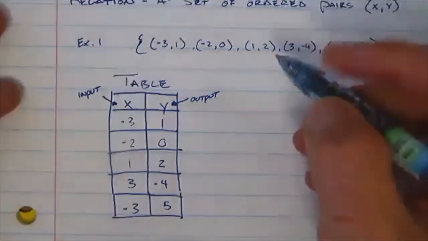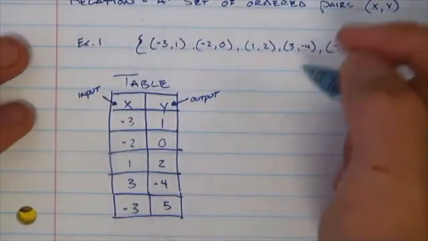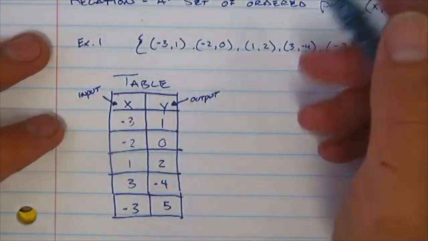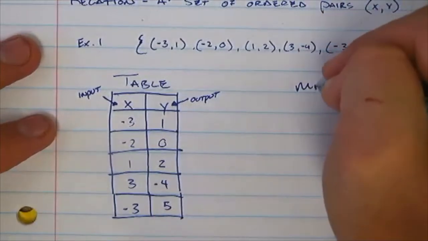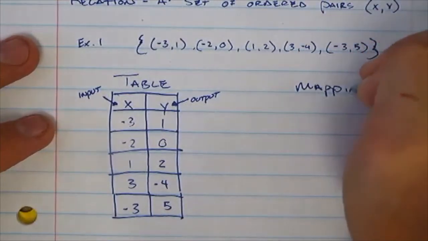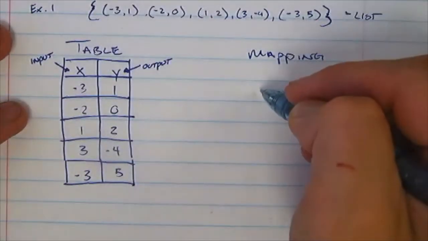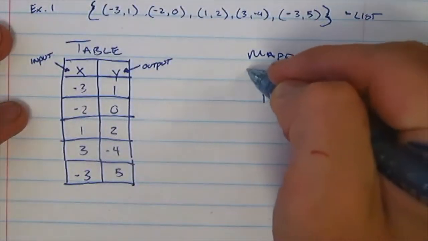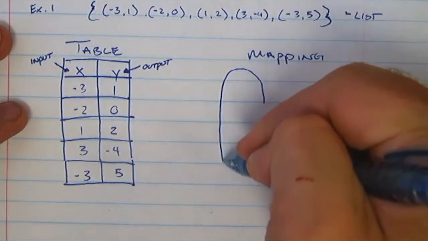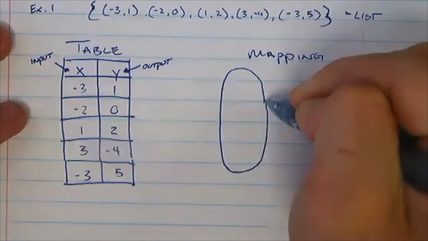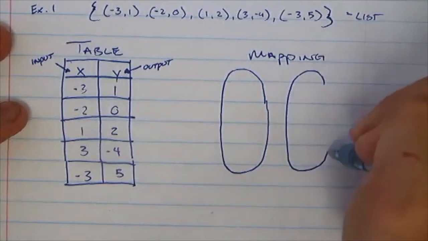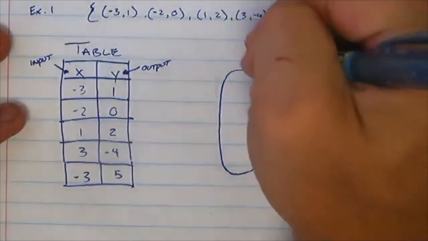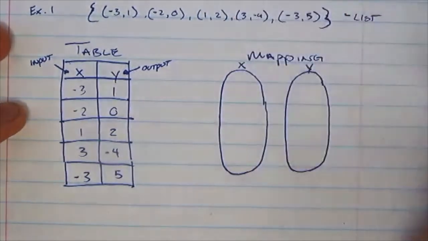We also could represent these as what is called a mapping. This one's kind of new to us. A mapping is simply going to be either two circles or two rectangles listing X's and Y's. So we've got X here and Y here.